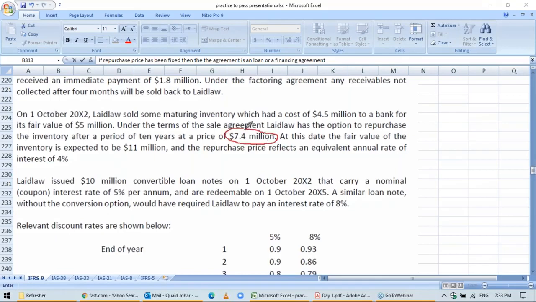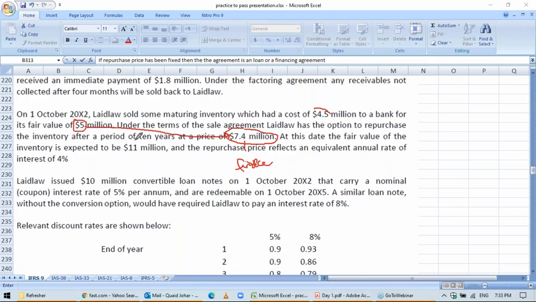So Laidlaw receives, sorry, 5 million right now, and it will pay back how much? 7.4. So the amount has been fixed in advance. So this is not a sale agreement, right? So this is the financing agreement.